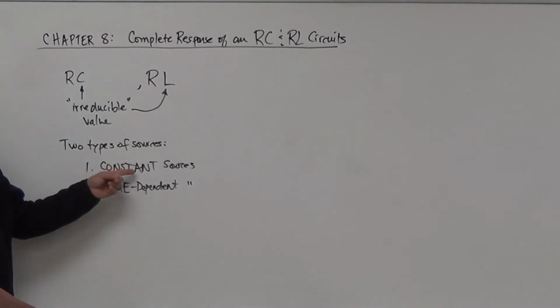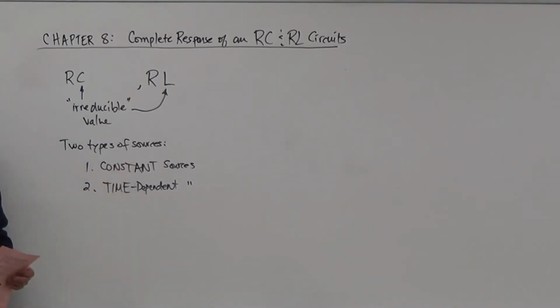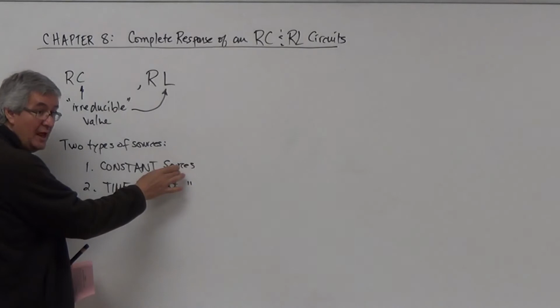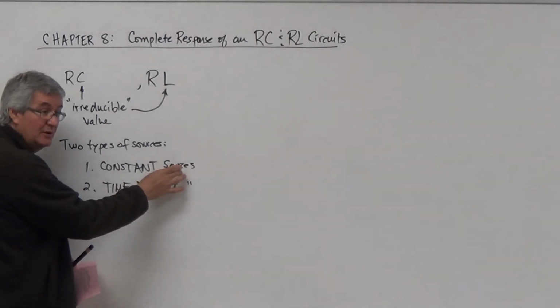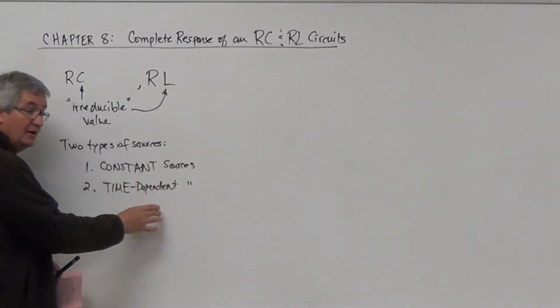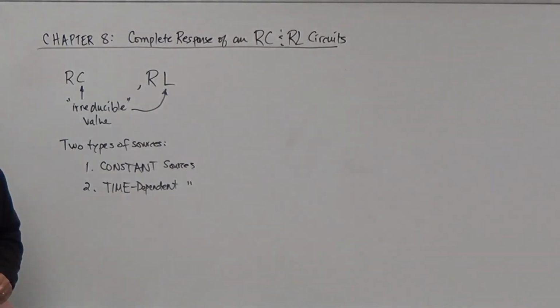I could treat them exactly the same, but then you lose all contact physically with the circuit. You're so focused on deriving the differential equation every single time that you lose the essence of what the circuit is doing. So I'm going to try to ground you and build your intuition here. So when we go to chapter 9, you'll have that basis.